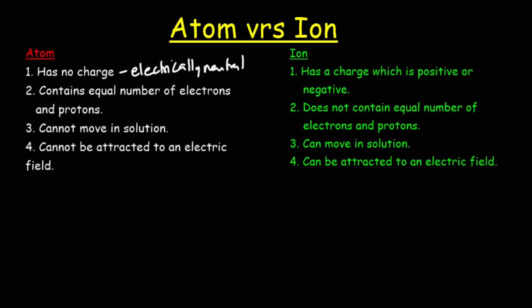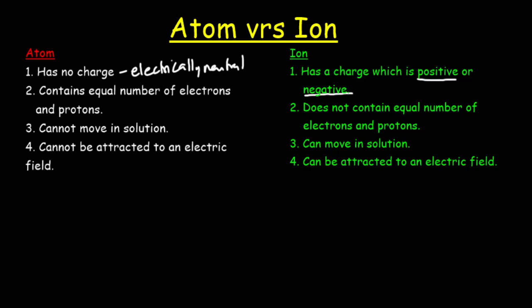Every ion has a charge, and this charge could be positive or negative depending on whether the atom lost an electron or gained an electron. If the atom lost an electron, then it becomes positively charged. But if the atom gains an electron, then it becomes negatively charged.